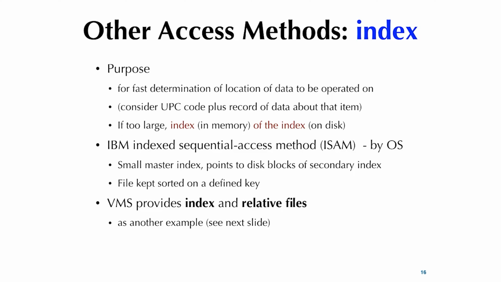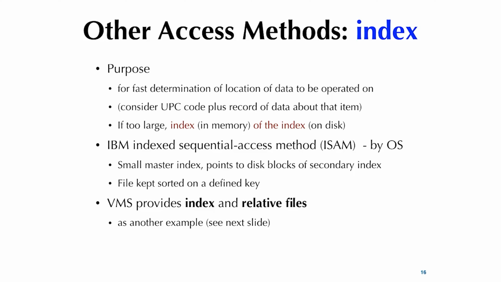Now there are other access methods, called the index method. The way it works is it uses an index structure so that you can quickly locate the data. This is starting to be somewhere between a file and a database, but not exactly a database. You have an index, and that way the OS understands it and can go to a relative location, whether it's the small master index that points to the disk blocks, or you have a secondary index.